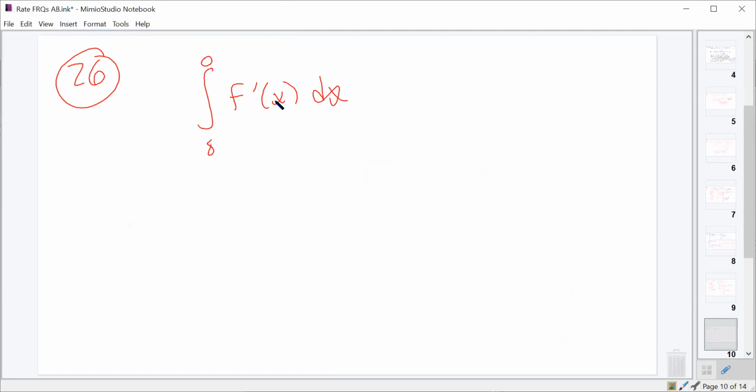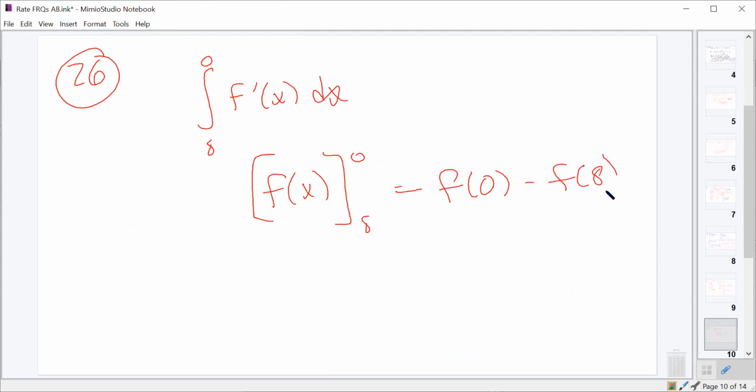Well, the integral of f prime is f of x, and we're just going to evaluate that from 8 to 0. So that ought to be f of 0 minus f of 8. And then the chart says f of 0 is 11, and the chart says f of 8 is 7. So 11 minus 7 ought to be 4.